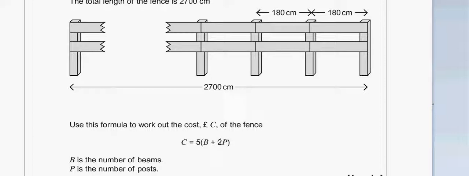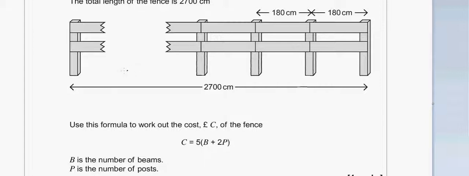Okay, so they've given you a formula. Now we know that each stage of the fence is 180 centimetres. So we need to know how many stages we need, because it's not just replacing this part.